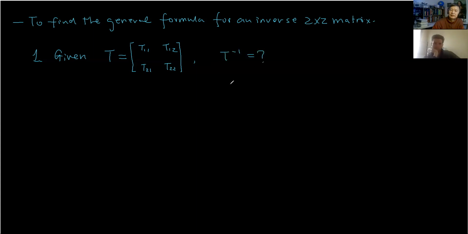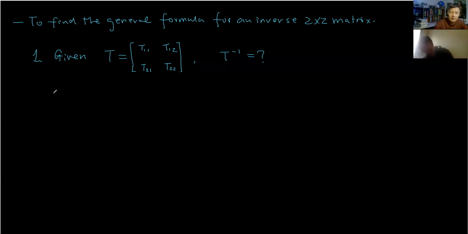Do you want to try? Let me have a think. T inverse is going to be. By definition, what is an inverse? How do we define an inverse matrix? I don't know.